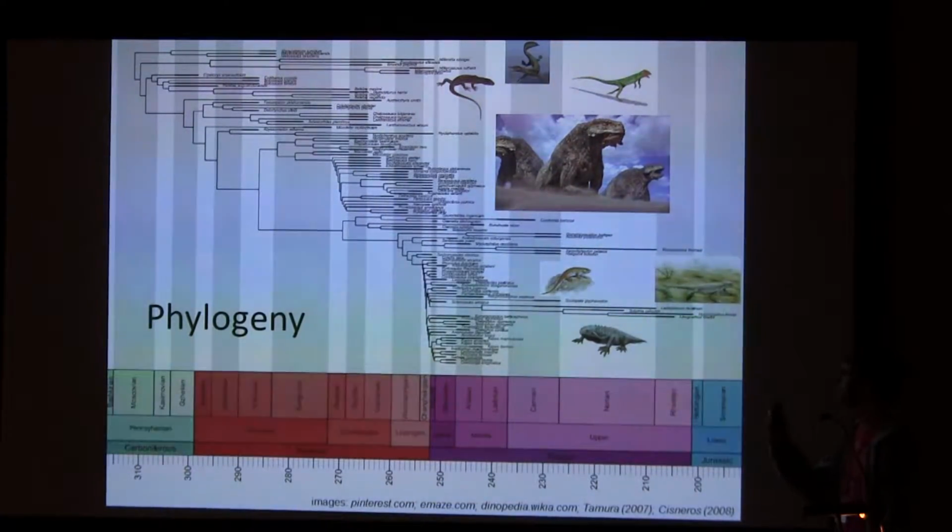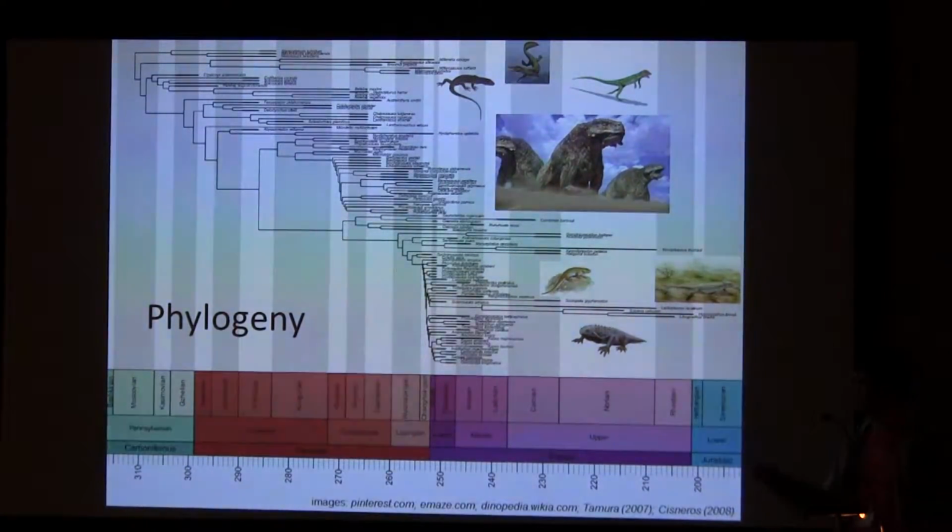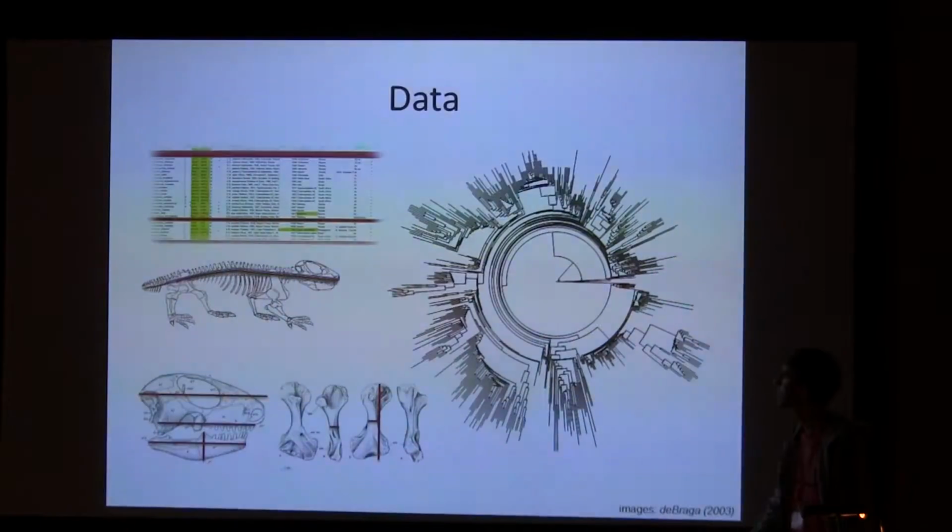The problem is if you use the same method for the complete data set, then it doesn't work. You have to estimate 3 rates for this method: the origination rate, the extinction rate, and the sampling rate. And for the complete data set, I get sampling rates over 100%, which is unlikely to be true. So I still have to figure out why that's the case. If someone has a suggestion, just feel free to comment on this.